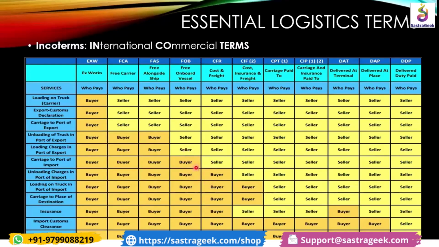Suppose with the demand of a new service, I add 5 additional services. Again I'll be revising, seeing who is going to pay for that. And accordingly I'll be mapping my defined definition with what the international chart says, and I'll pick up an Incoterm and use that Incoterm in my business.